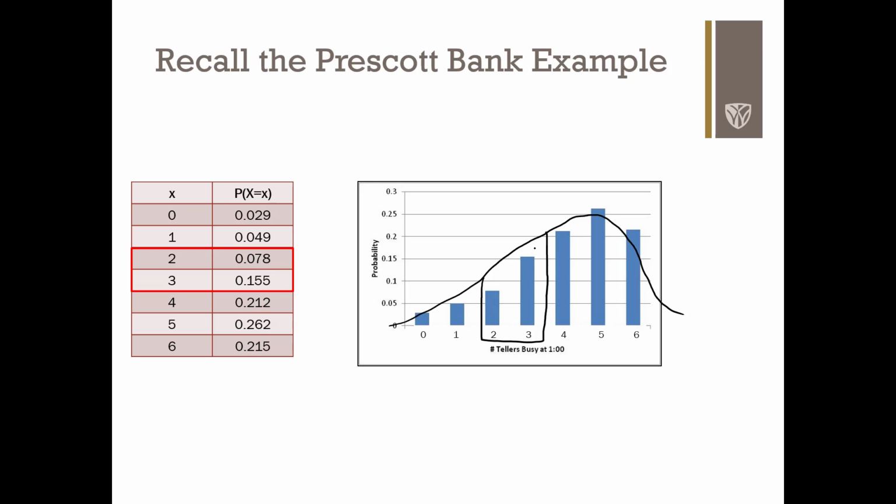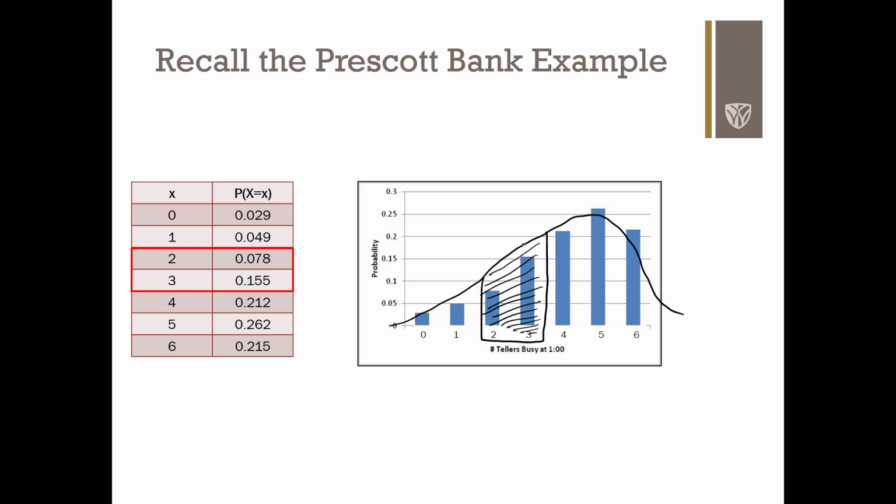The analogous thing in a continuous situation is to look at the area under the curve. That's essentially equivalent to looking at the heights of those bars: how much area is actually between 2 and 3. And so that is what we're going to do when we move into continuous probability distributions.